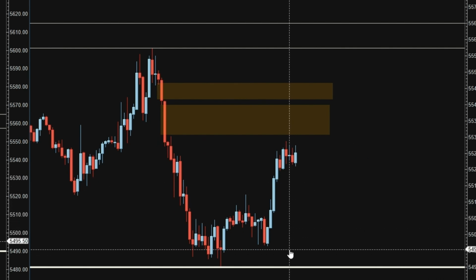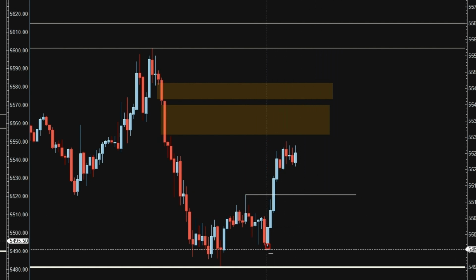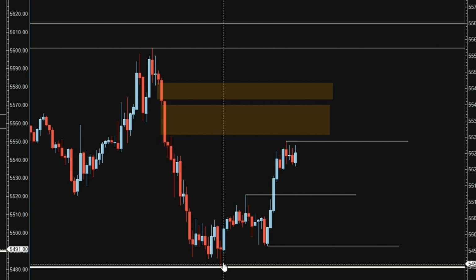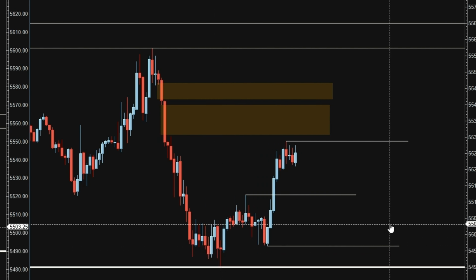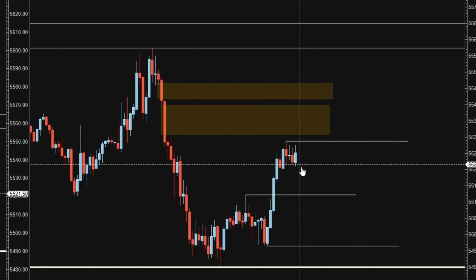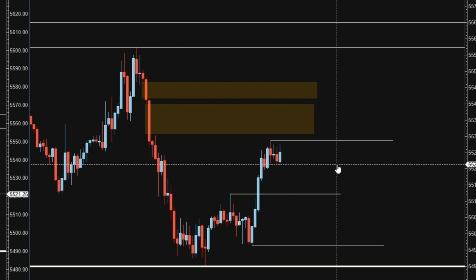And price is currently making higher highs, higher lows, higher highs, right? Since it made this low. So in the 5 minute time frame, we are bullish, but in my mind, I'm thinking bearish because of the higher time frame confluences that it is showing.